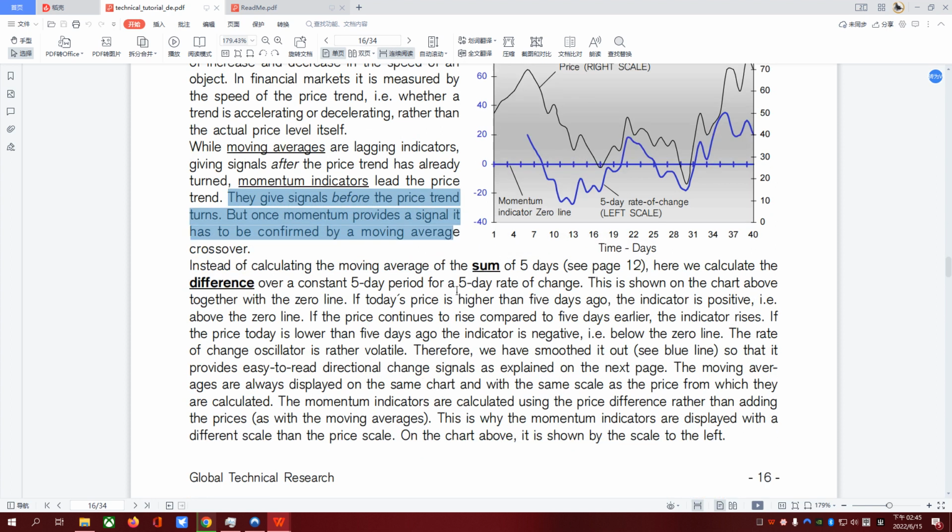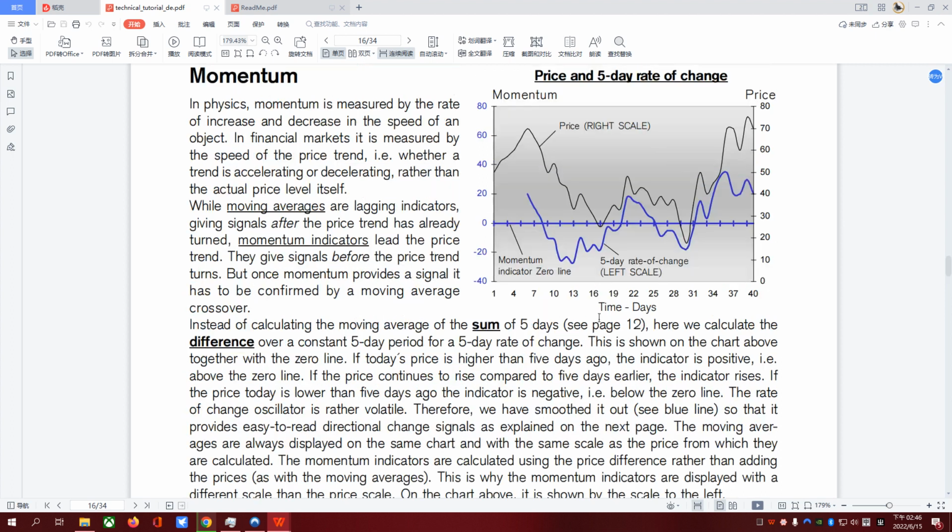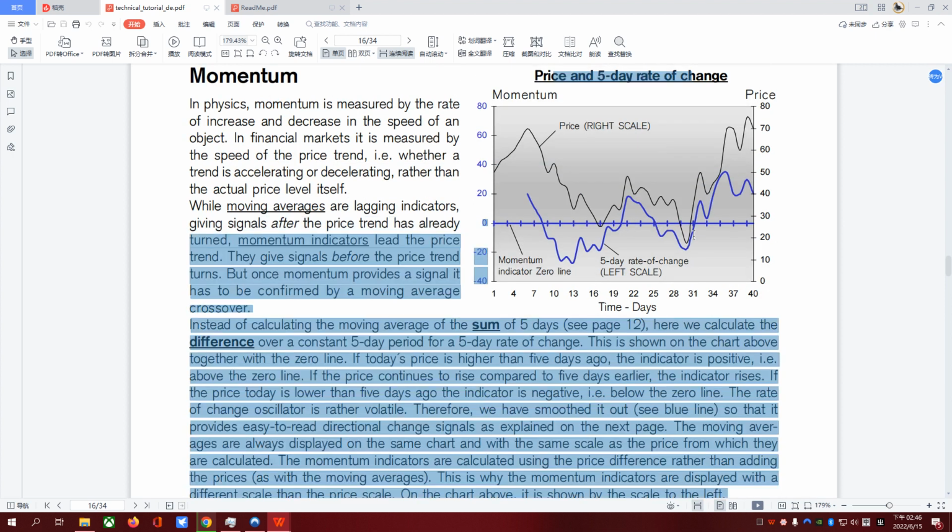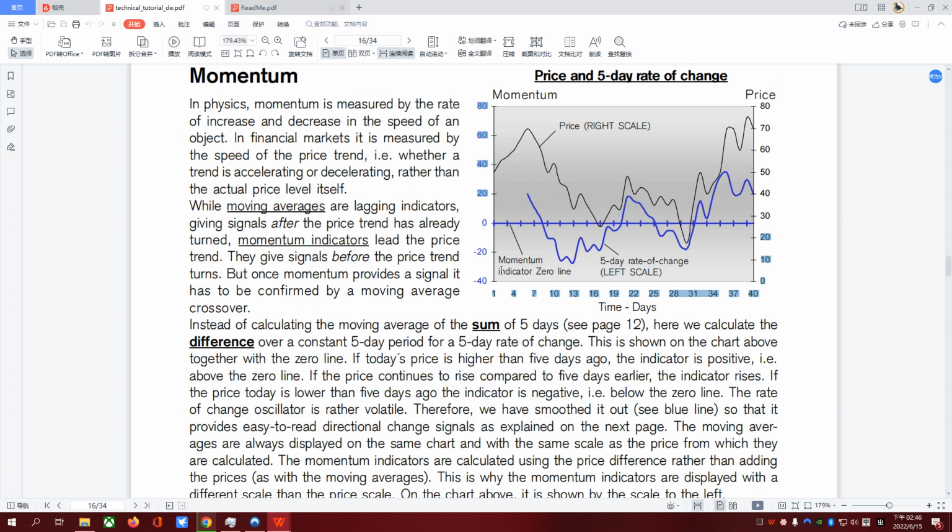Okay, so instead of calculating these moving averages, maybe the sum of 5 days, maybe the sum of 21 days, you can use the zero line right here. You see this is the zero line, the indicator zero line. So you can calculate the 5-day rate of change yourself, and then draw a line right here.